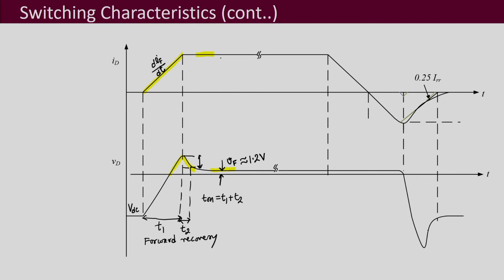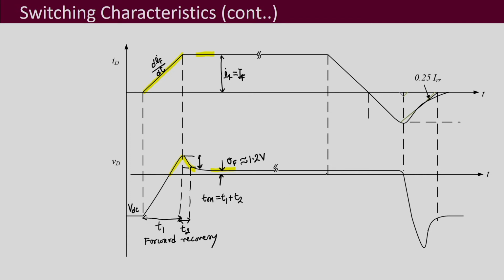And this current will be equal to IL, the inductor current for the circuit that we have chosen, and this is also many times written as IF, the forward current.